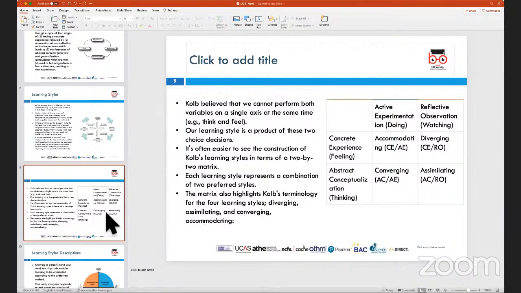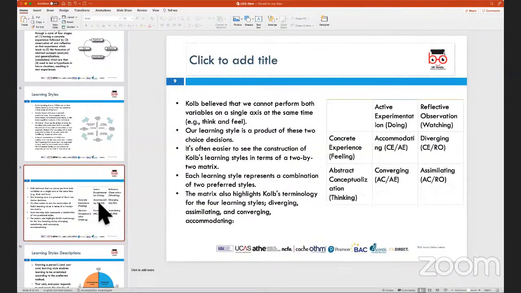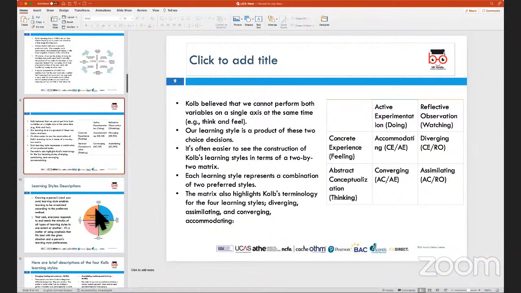So when he constructed this particular matrix of 2 by 2, what we see here, the 4 parts, accommodating, diverging, assimilating, and converging, is where he defined that these kind of roles would influence this kind of style for a particular learner.